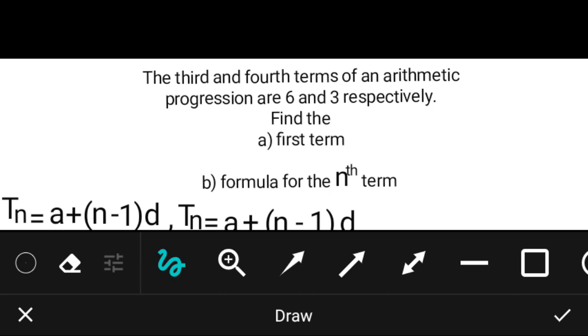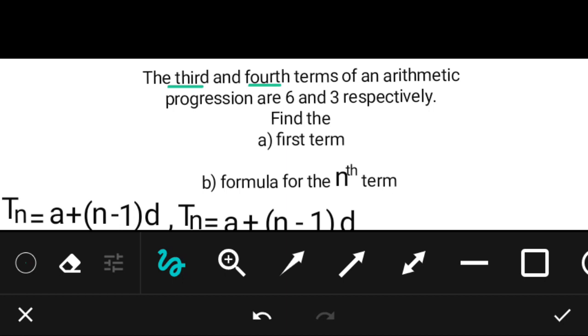They are saying the third term and the fourth term. So they are saying the third and the fourth terms of an arithmetic progression are 6 and 3. Those are the two important aspects that you need to take into consideration. The third and fourth terms are 6 and 3 respectively.